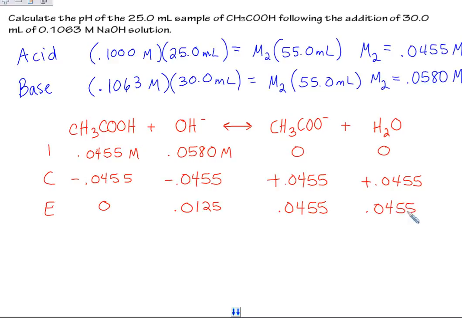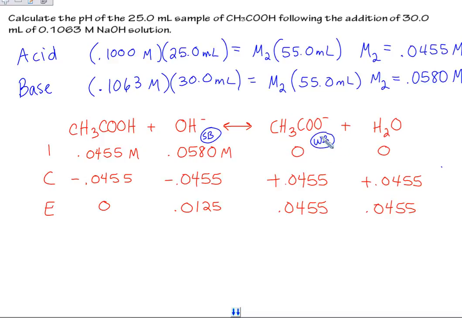Okay, so we assess the situation. What do we have left? We have some hydroxide. Hydroxide is the sign of a strong base. We have some acetate ions. Ooh, that's fun. Acetate ions are the sign of a weakly basic solution.